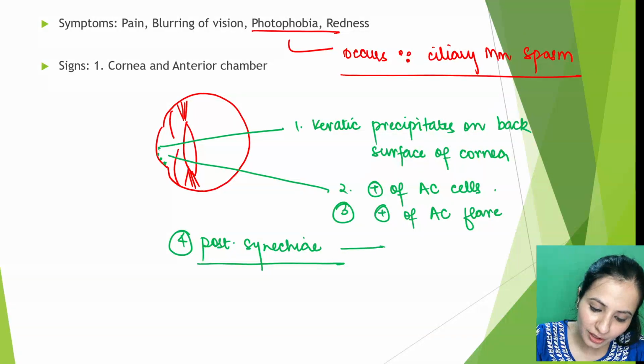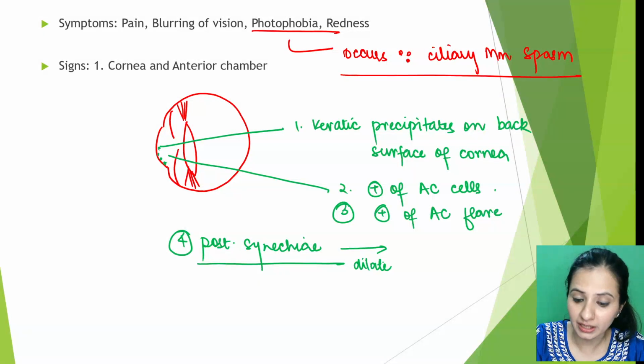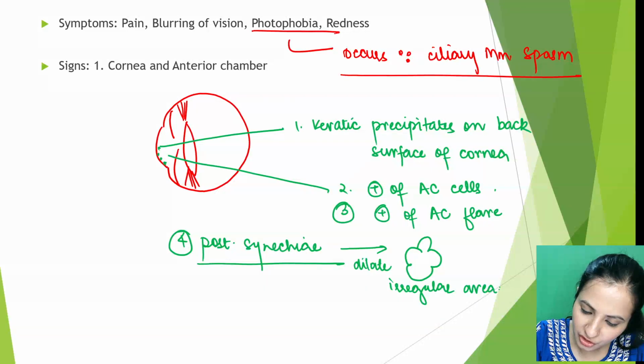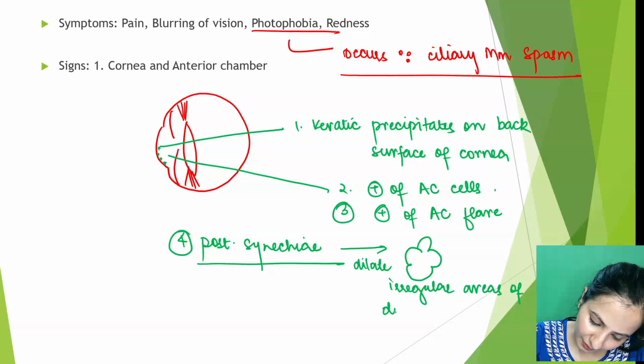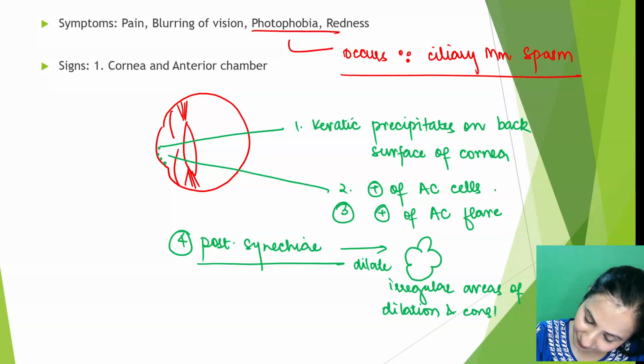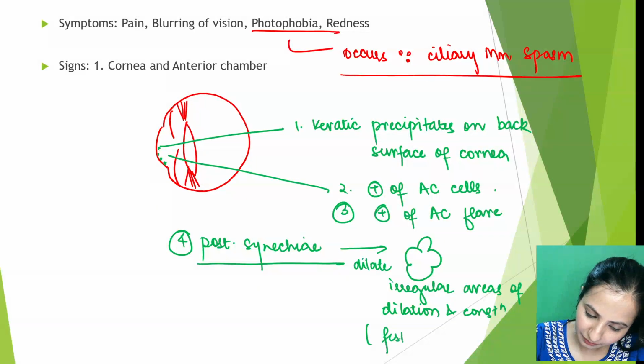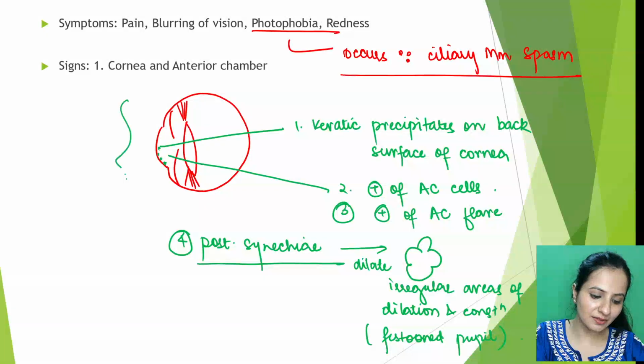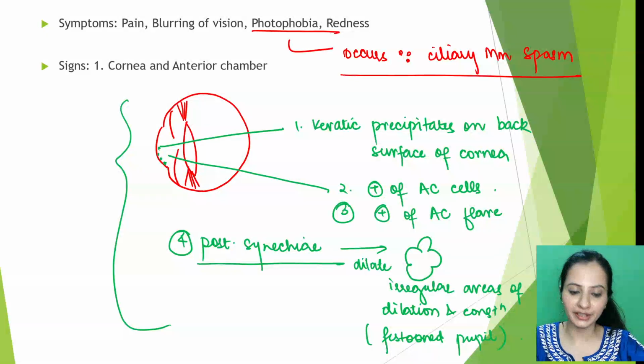So when you try to dilate a patient who has posterior synechiae, what will happen to the pupil? There will be irregular areas of dilatation and constriction. Now, what is this referred to as? This is referred to as festooned pupil. Okay, so these are the signs which you need to know for your anterior uveitis.